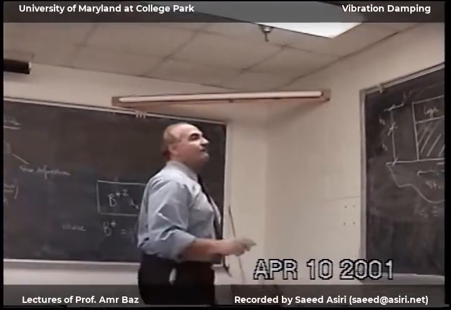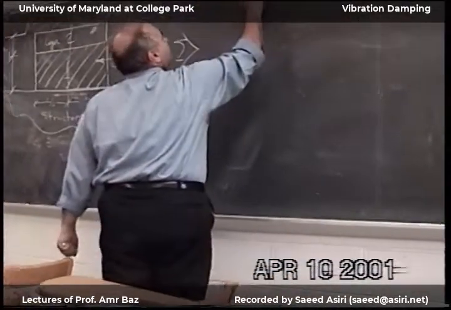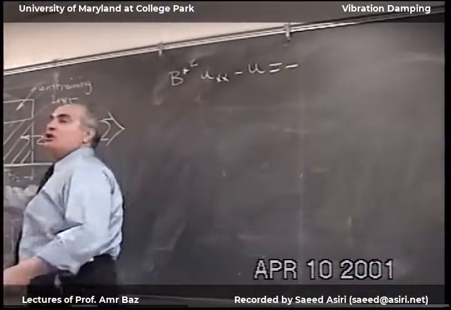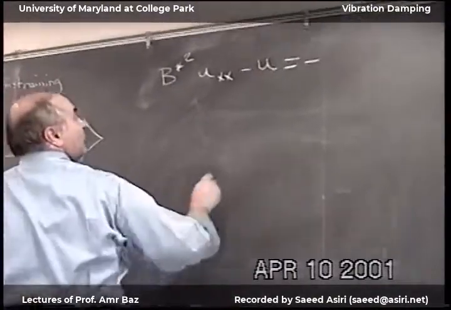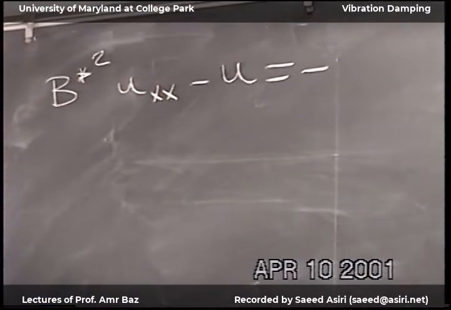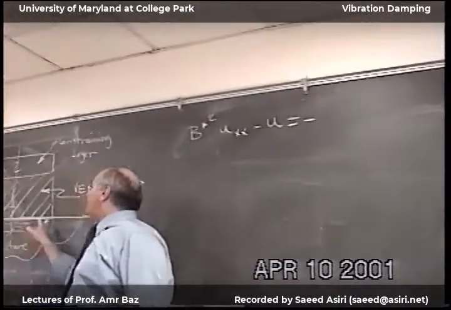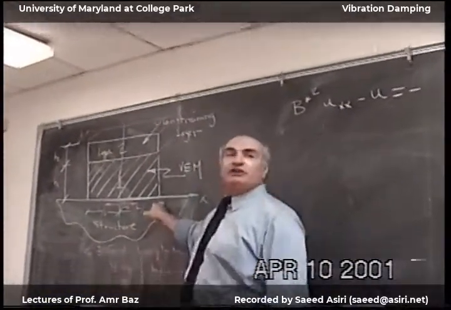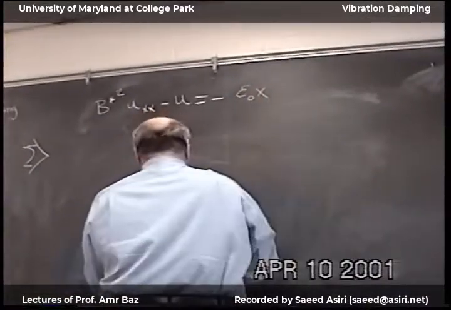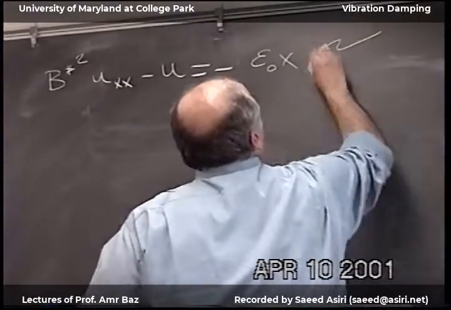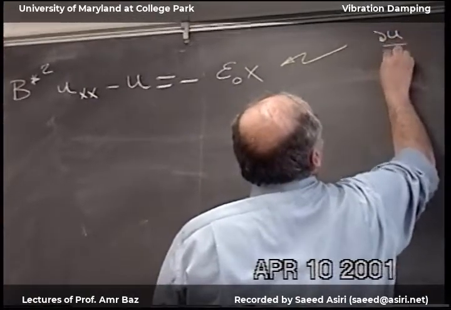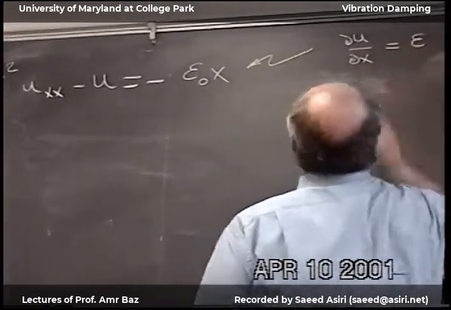So the equation now that we have, and U0, I can calculate it from the strain. The strain is constant, so if I integrate the strain over the length, I can get a deflection here. So this would be epsilon 0 and x. Again, we have partial u by partial x is equal to the strain.